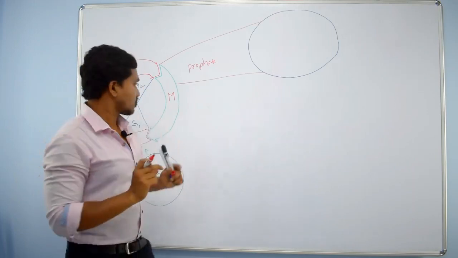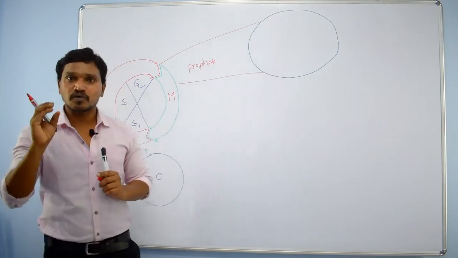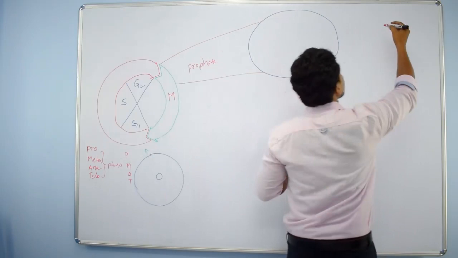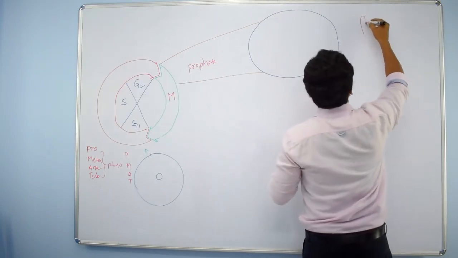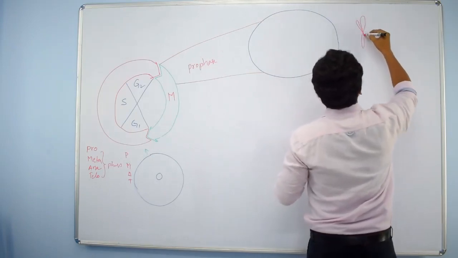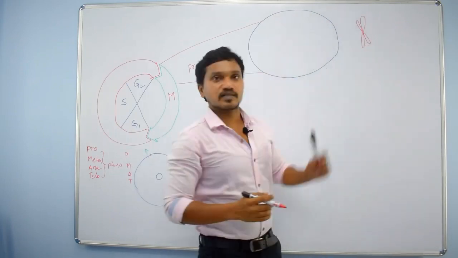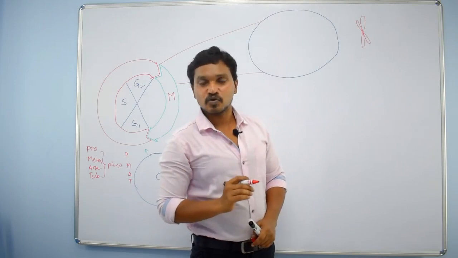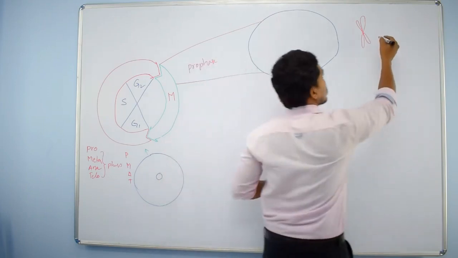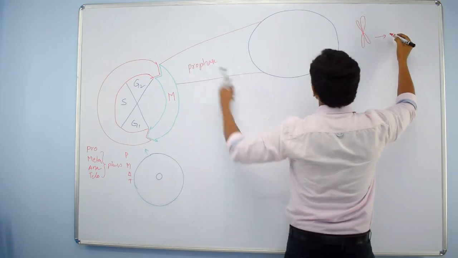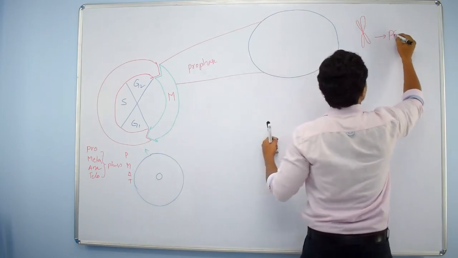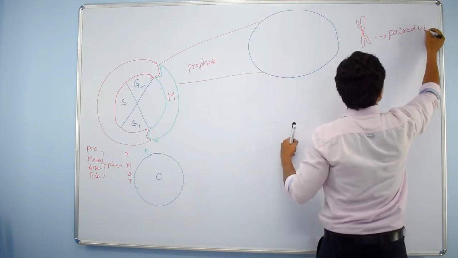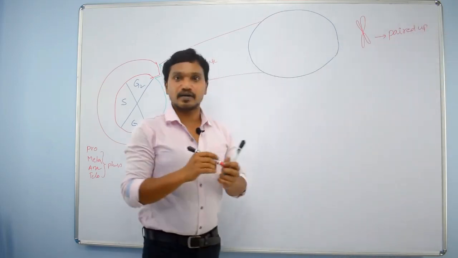Condensation of chromosomes, so that a single chromosome appears looking like this. So what is this? A pair of chromatids. So in prophase, P stands for paired up. Clear?